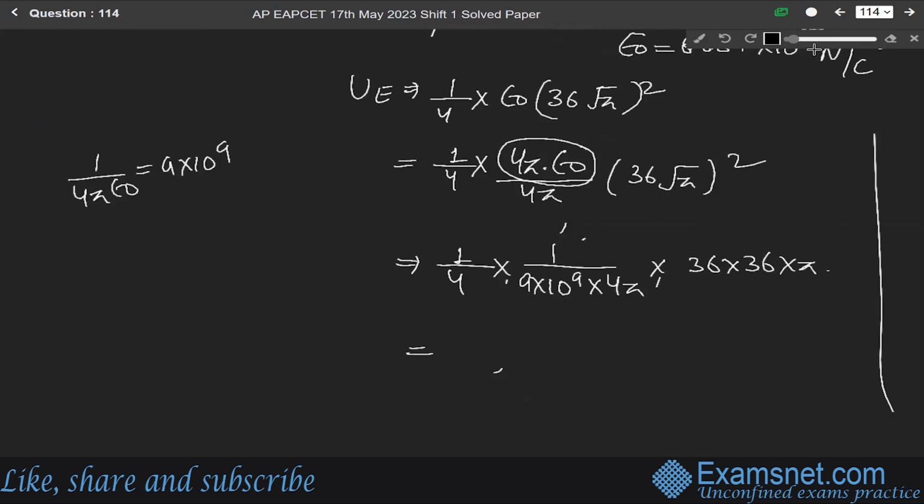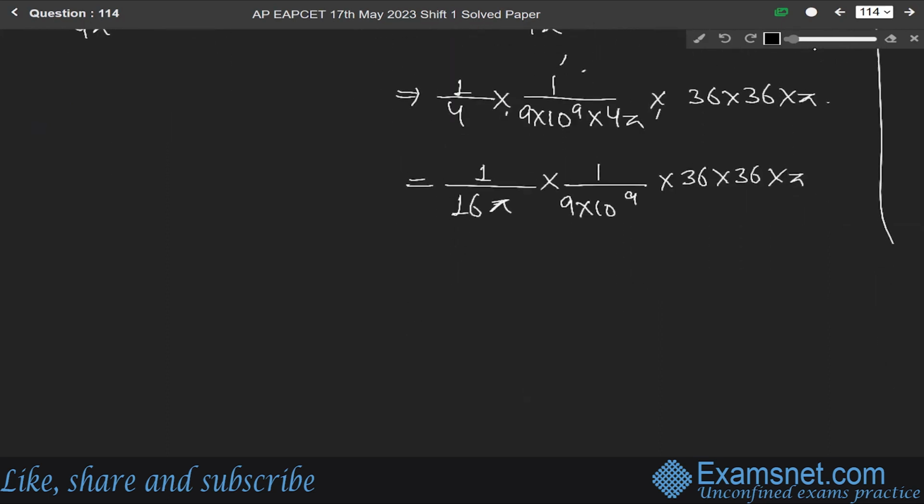So it will be 4 fours are 16 pi. So it will be 1 over 16 pi into 1 over 9 into 10 to the power 9 into 36 into 36 into pi. Okay, so pi cancels. 9 fours are 36, 4 fours are 16, 4 nines are 36. So it will be equal to 9 into 10 to the power minus 9 joule per meter cube.